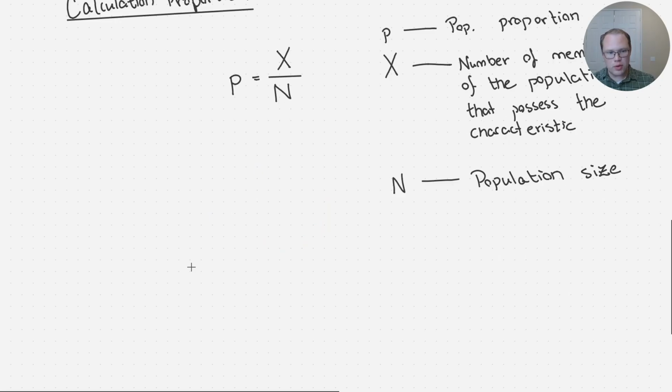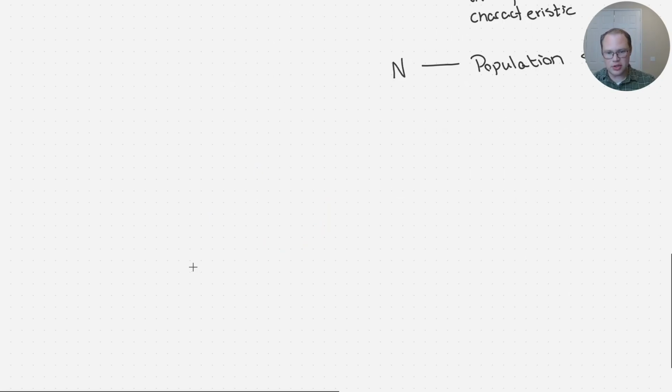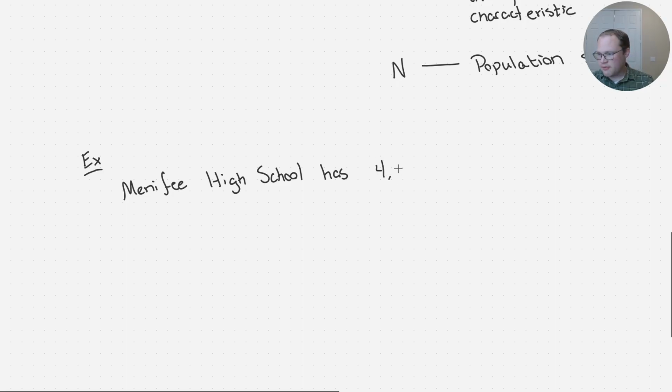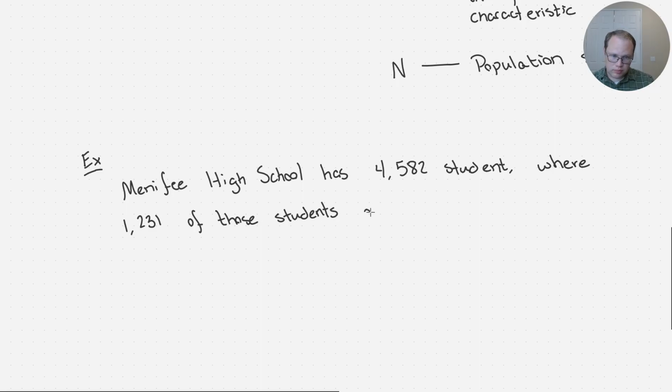So let's do a quick example here just so we can understand this calculation. Suppose Menifee High School has 4,582 students, where 1,231 of those students are freshmen.